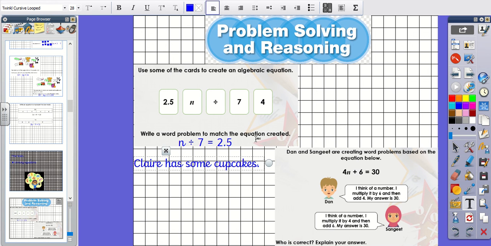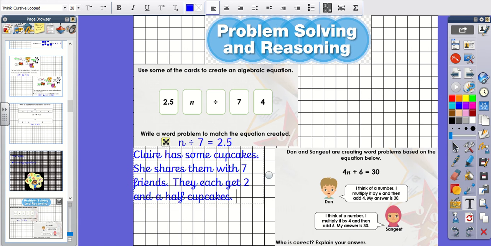Some cupcakes, and she shares them with 7 friends. They each get 2.5 cupcakes. There we go. Just a nice simple word problem there.